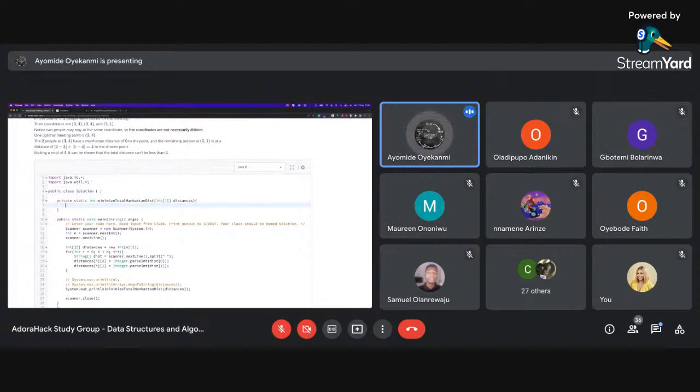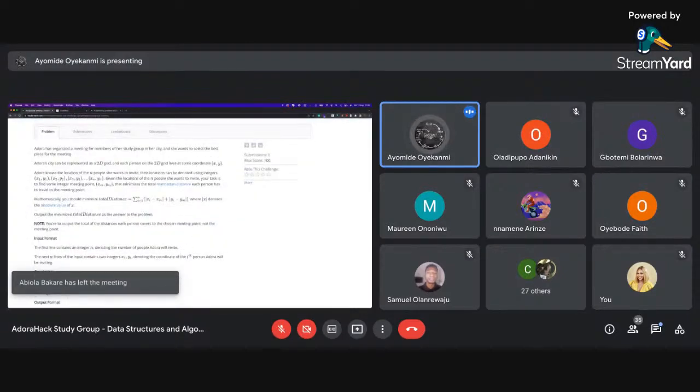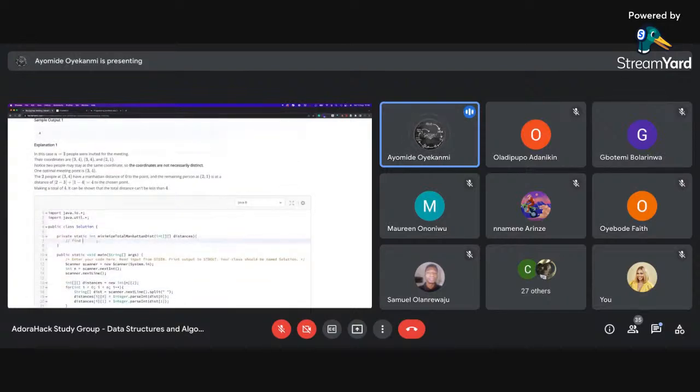So we can break this into a couple of sections, right? The first thing we need to do is find the meeting points.